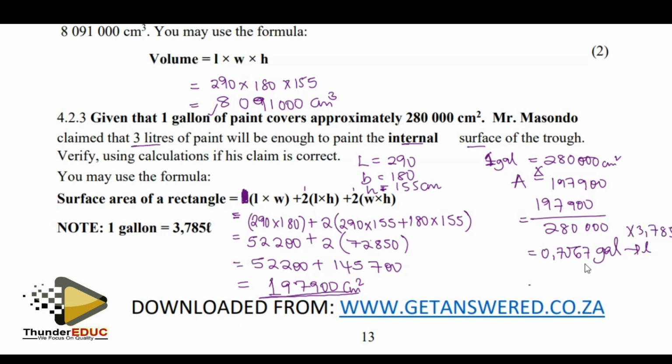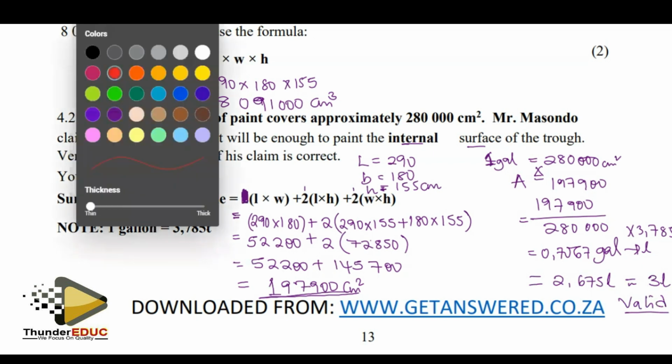So the answer is 2.75 liters. Remember, they don't buy in half liters. So approximately what? 3 liters. So the claim is valid. The claim is valid.